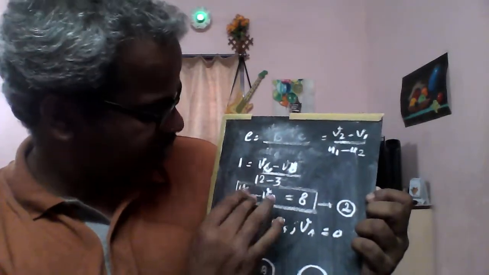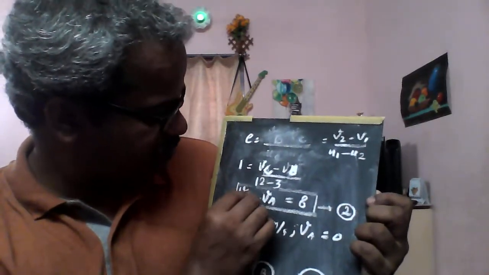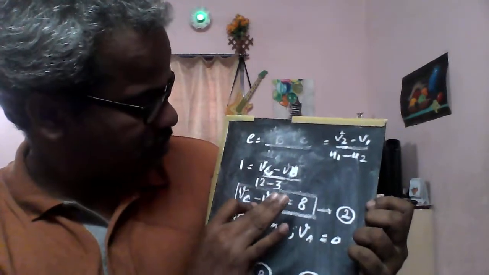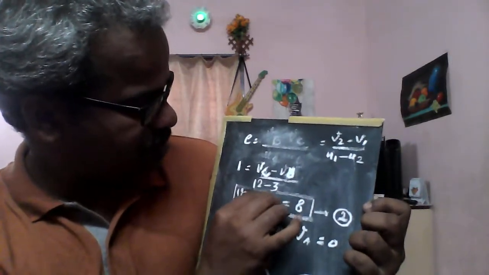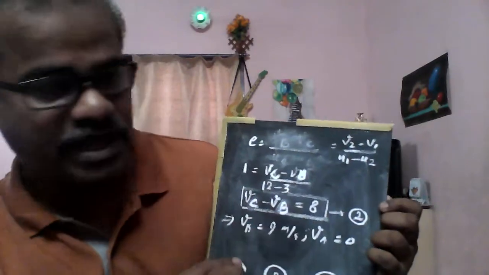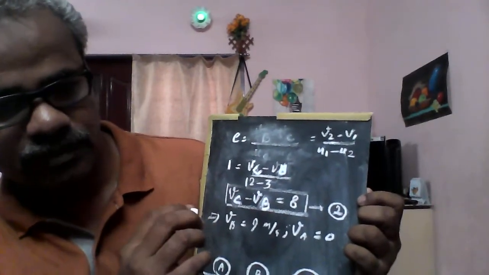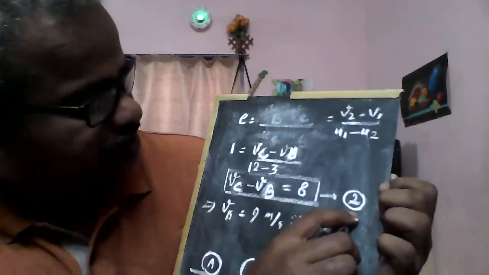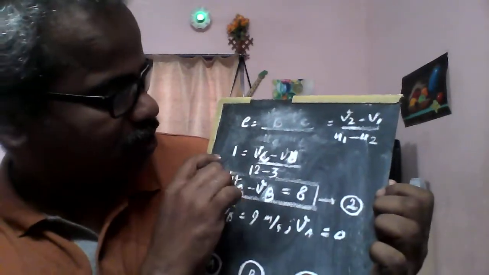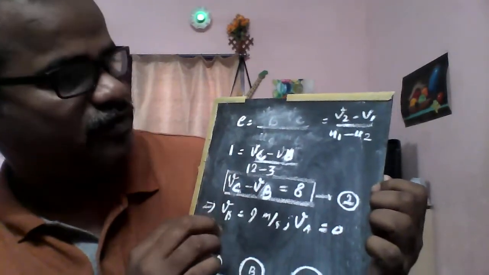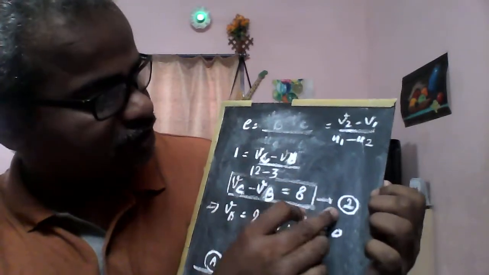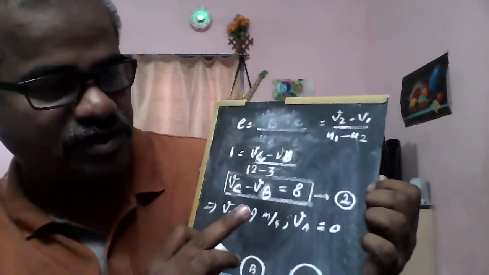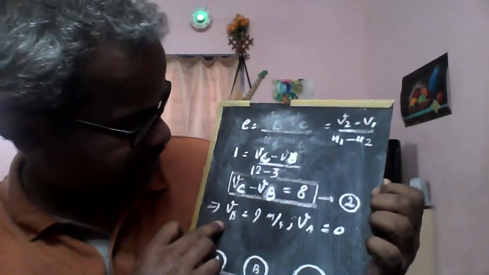So you will get VC minus VB is equal to 8. VC minus VB is equal to 8. So this is my second equation using the coefficient of restitution equation.